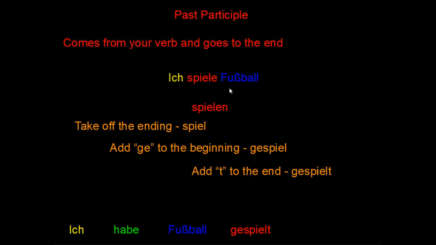Then you have gespielt, which comes from your verb, and if it's a regular verb, follows the pattern that's left on the screen. If it's not, it does something different. And the verb goes to the end. So gespielt, or gehört, or gelesen, or gehabt, or gewesen, whatever your past participle is, will always be at the end of the sentence.